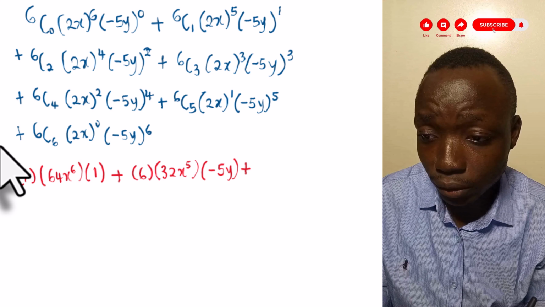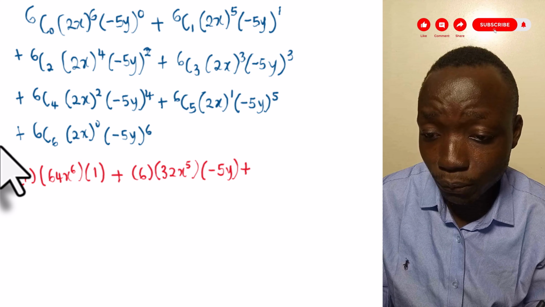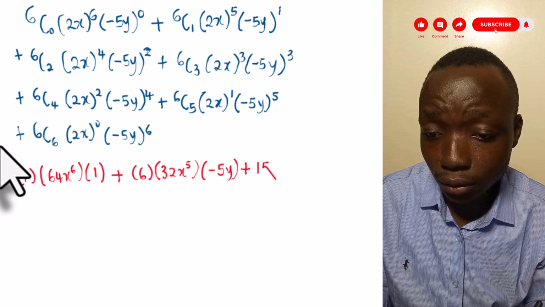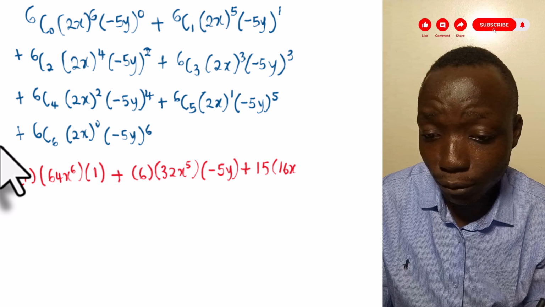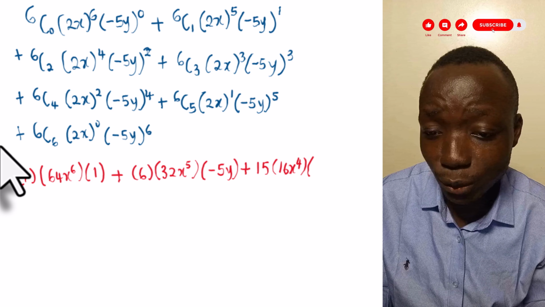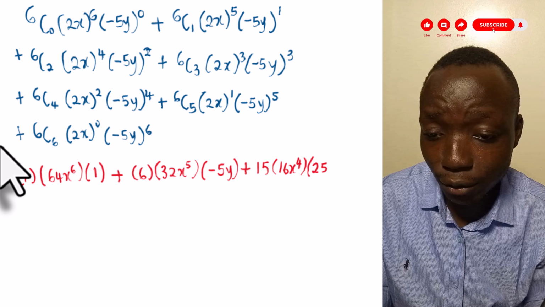plus 6 combination 2 is 15, 2x raised to power 4 is 16x raised to power 4, and minus 5y squared is 25y squared.